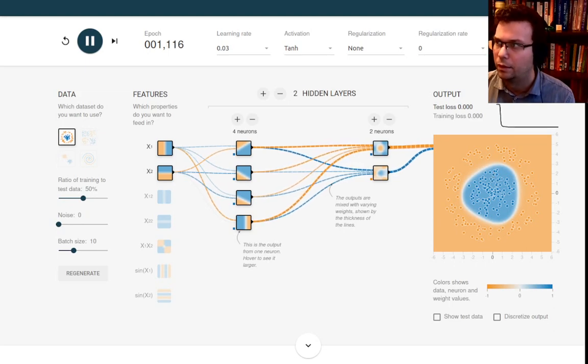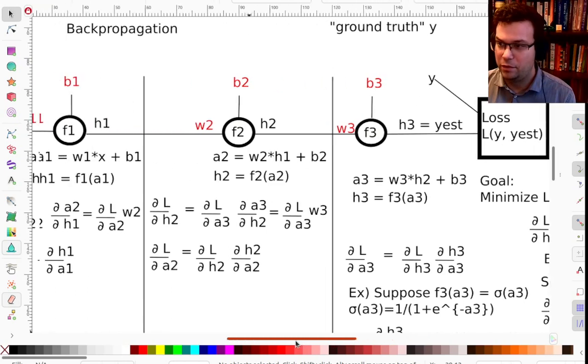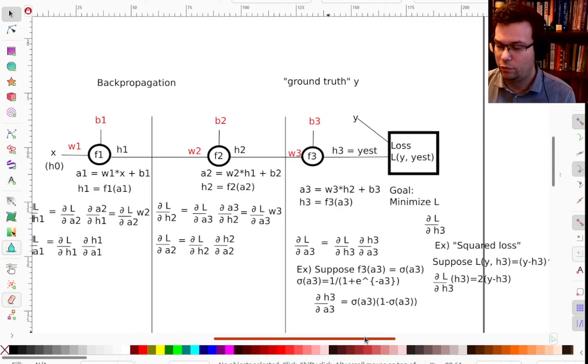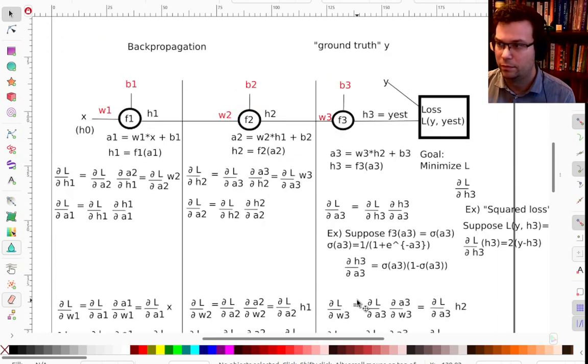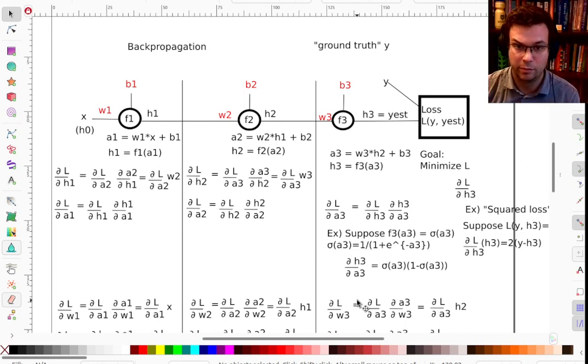That kind of pattern is all there is to backpropagation. Now, it's true that this is a bit of a simple example, but the general pattern is the same. We always work from the outside in. So we do a forward pass and then we work backwards. And if we do that, we always have everything that we need to plug in to determine the derivatives with respect to inner parameters.